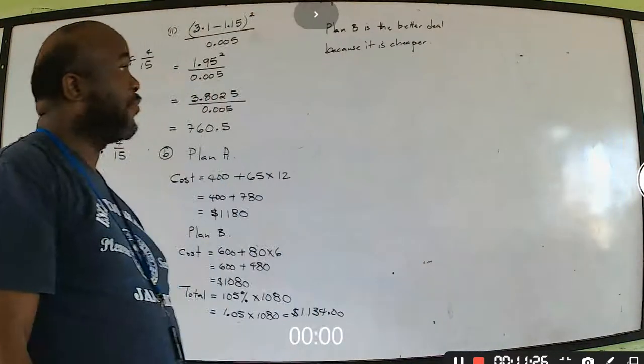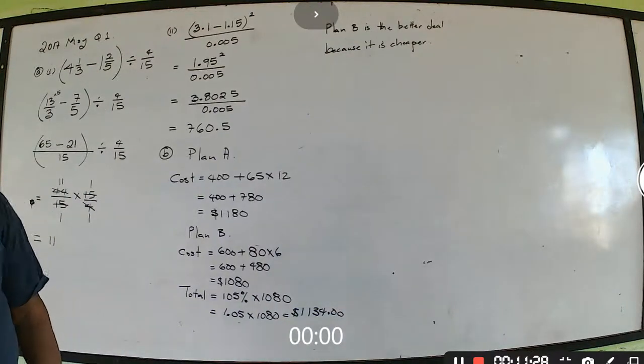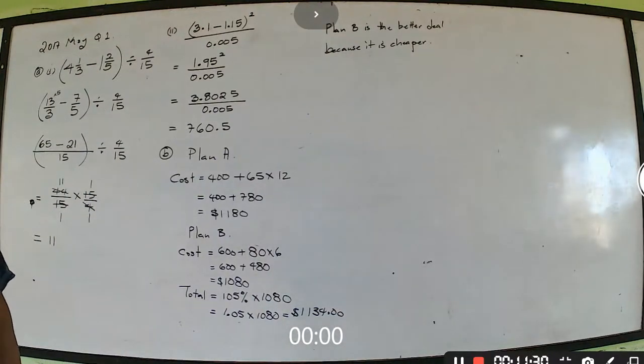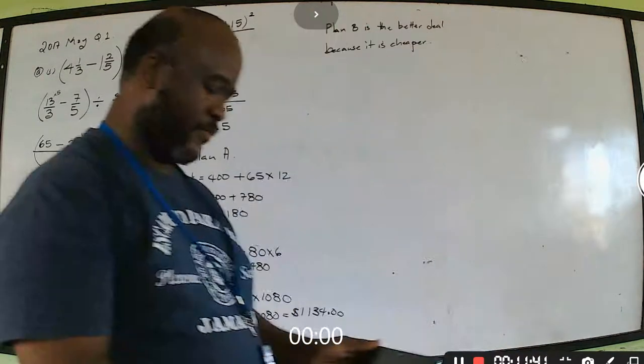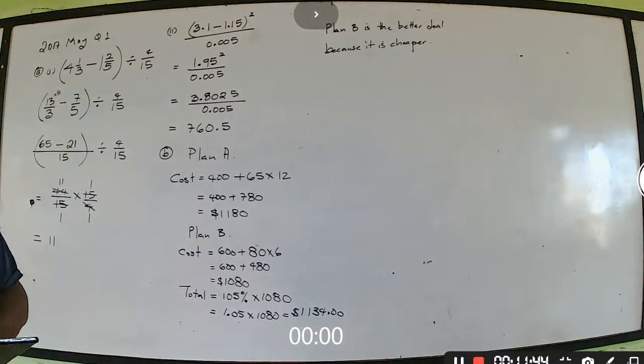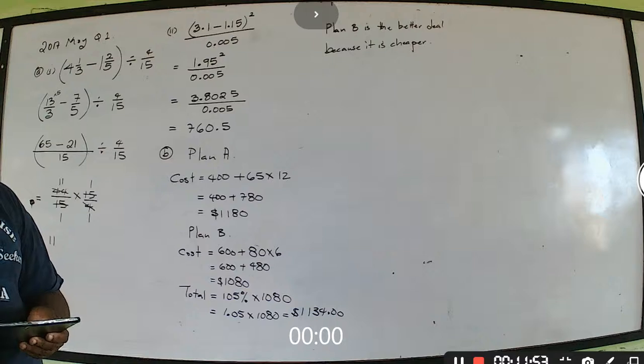Alright, let's go. Can you read what you have, please? C. Read what you have for C. John's monthly electric bill is based on the number of kilowatt hours of electricity that he consumes for that month.